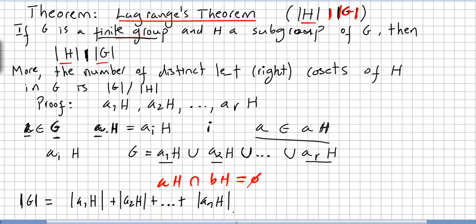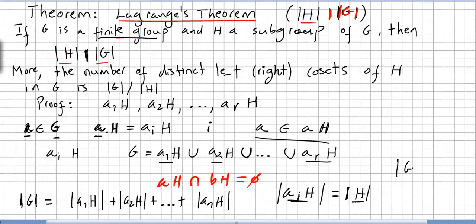Okay, but what is the order of AIH, of all the A's? Well, it will be equal to the order of H, because that's another property we saw in the previous video: all the left cosets have the same order as the subgroup.